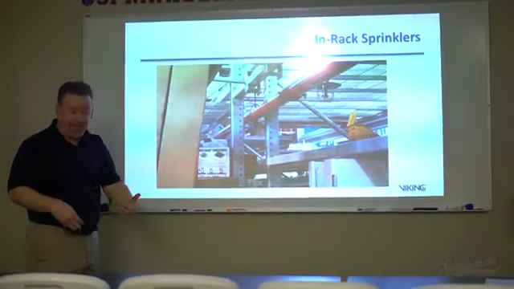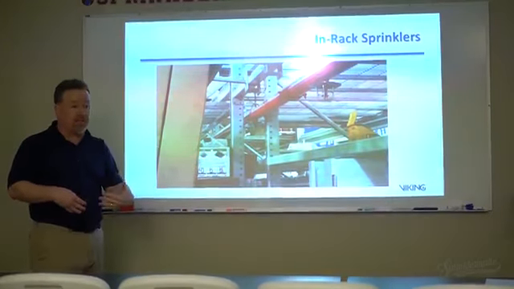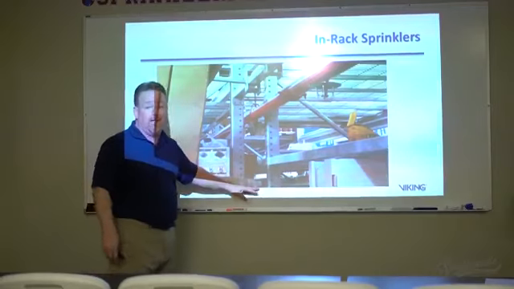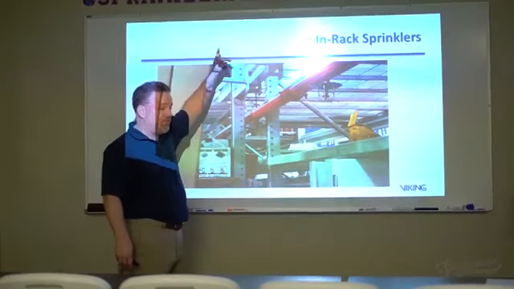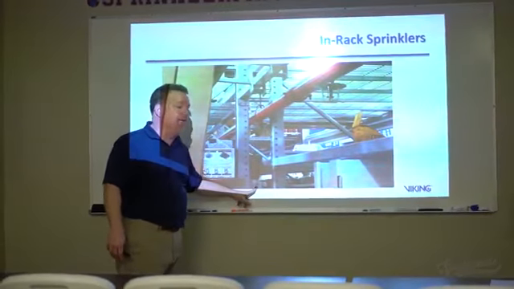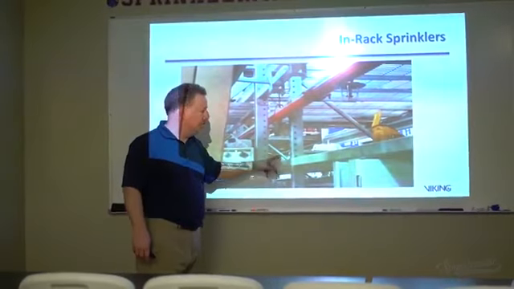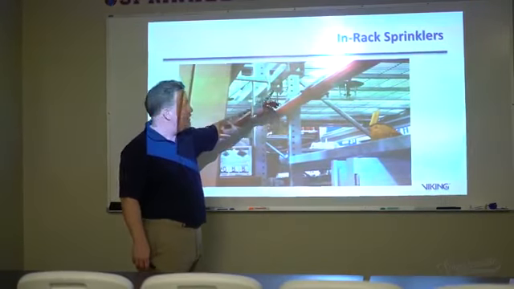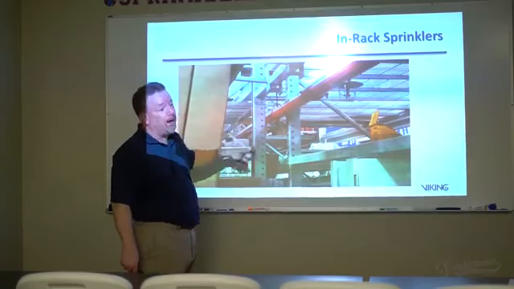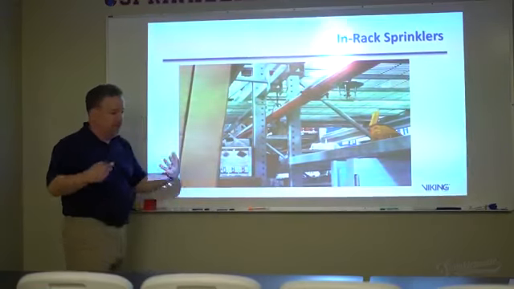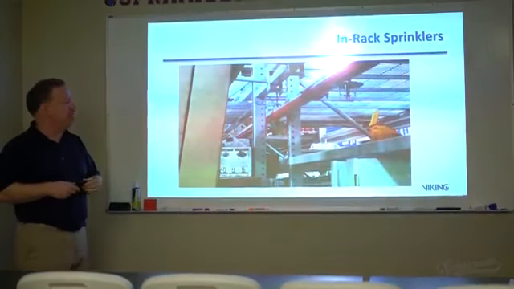Because remember, we've got to get water to the base of the fire. And if the base of the fire is way down here, it's going to be very hard for ceiling sprinklers to get that water down in between. So in some cases, the standard may require us to put in in-rack sprinklers. They're specifically manufactured for that purpose.